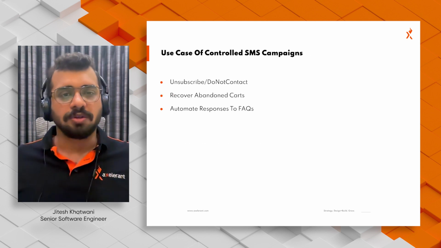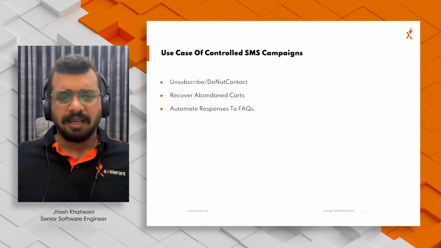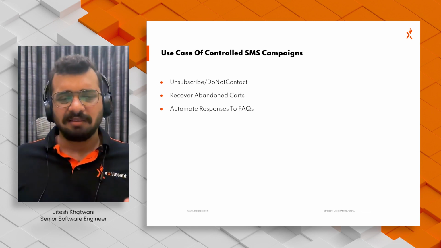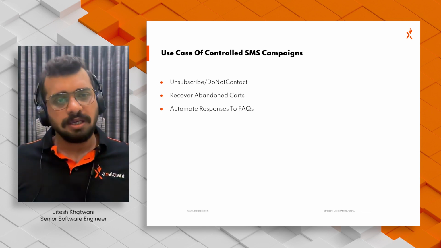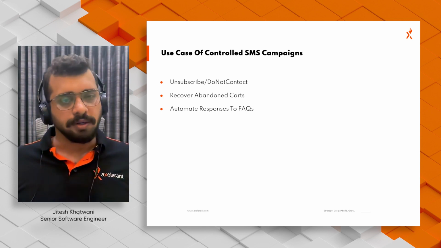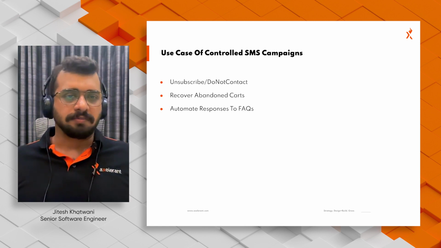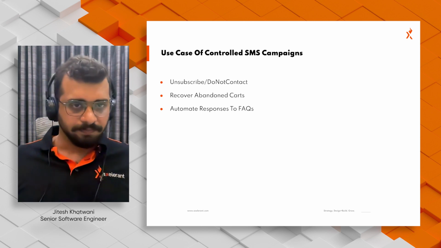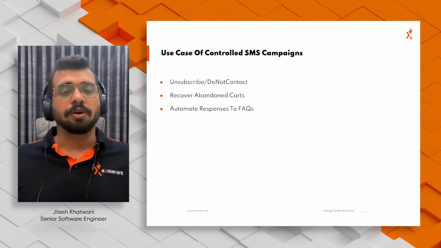Now, the use cases of controlled SMS campaigns. There are typically n number of use cases, but I would be giving you examples of a couple of them right now. One is unsubscribe to not contact. Let's say, for example, you are trying to reach a customer and the customer says stop as a reply. That means you should not be contacting them.